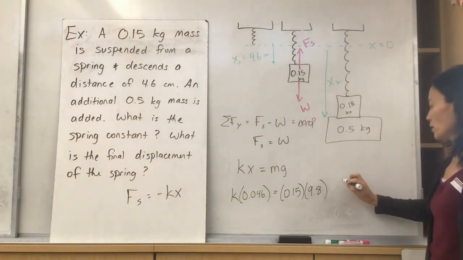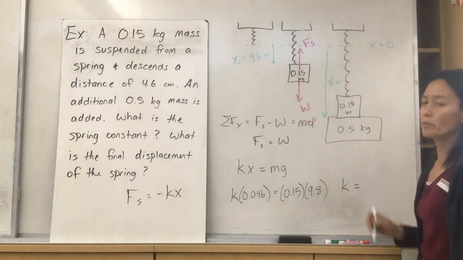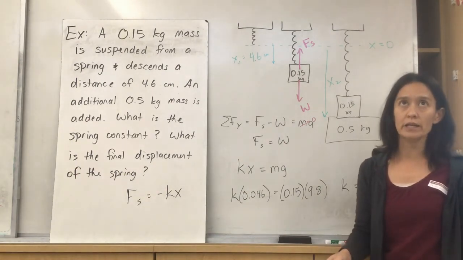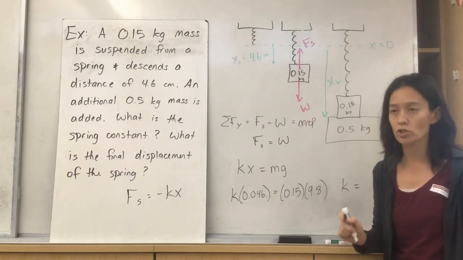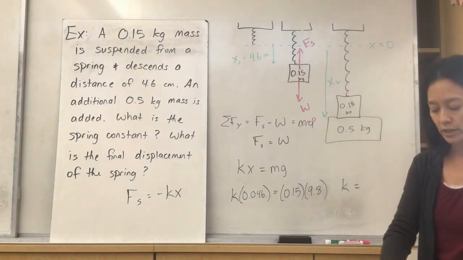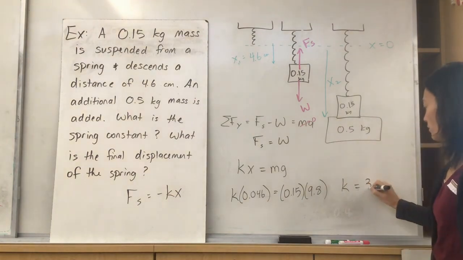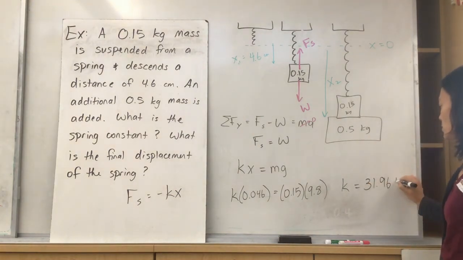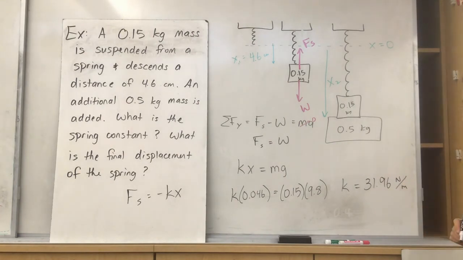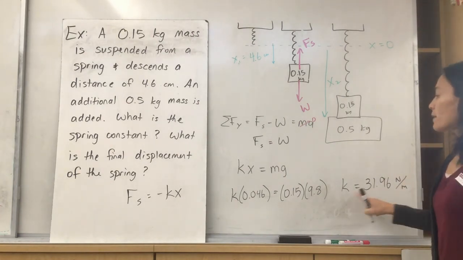And so, you're all good students, you're going to pause the video, get out your handy dandy calculator, and actually crunch this. This is just good practice of crunching numbers in your calculator. You should get a value of 31.96 newtons per meter. Okay? So that's the k value.